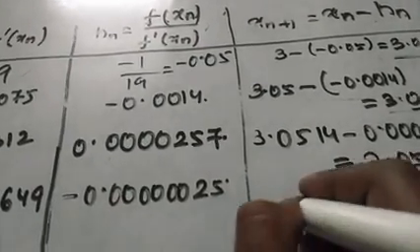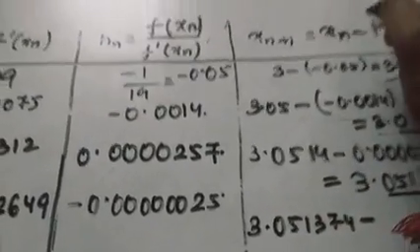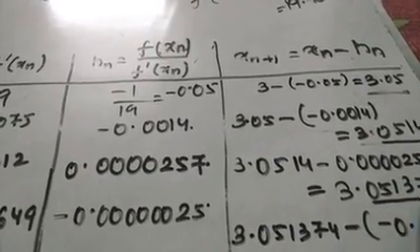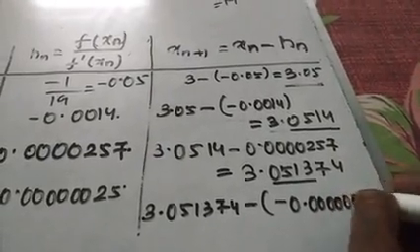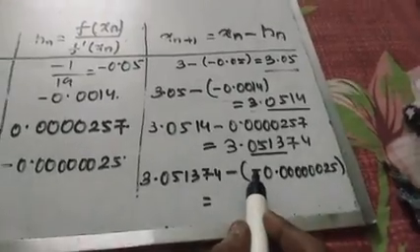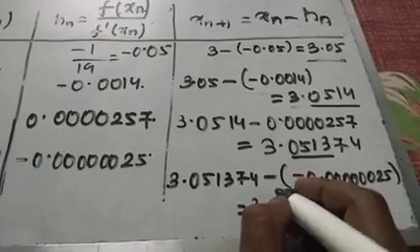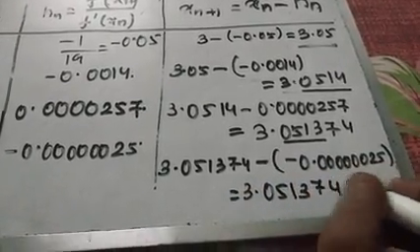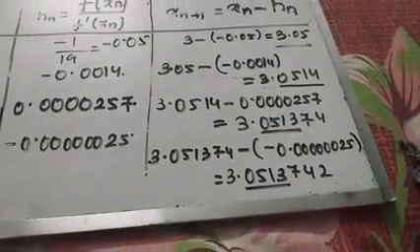That means 3.051374 minus of this minus of 0.000000 and so on. After subtracting, it will become addition because minus minus is plus, so we get 3.0513742. So here you can see that 4 decimal places are matched.